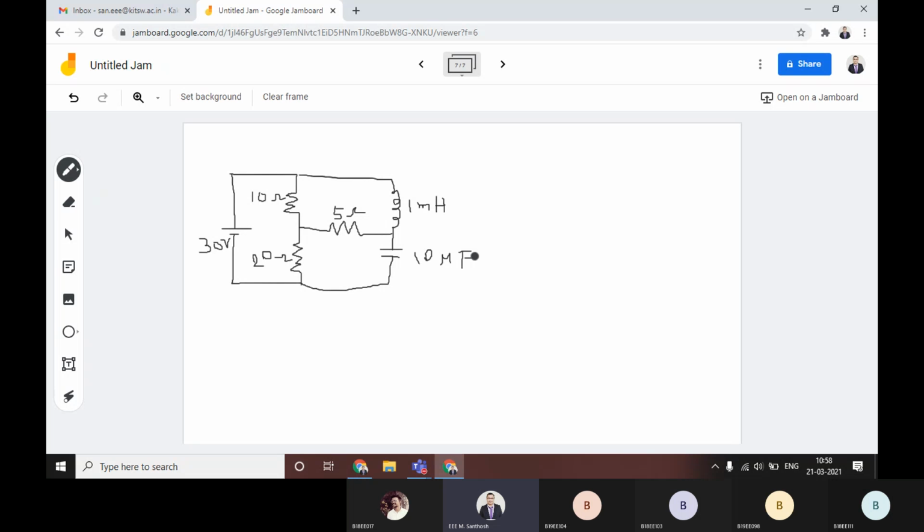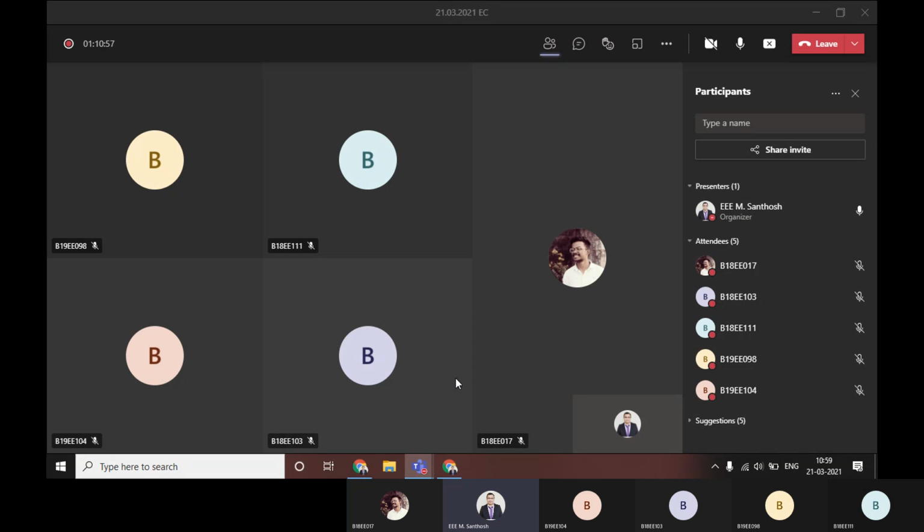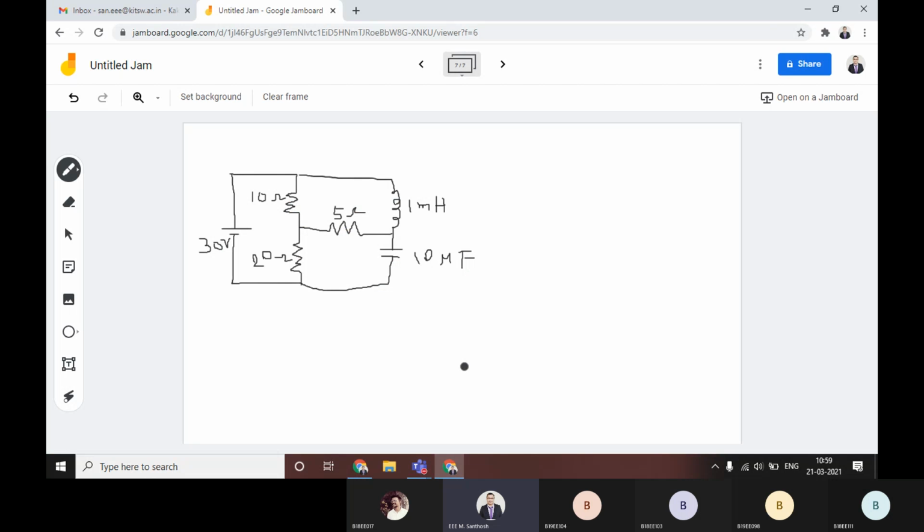This kind of circuit will test your basics perfectly. Try to solve this one. You have to find the energy or power dissipated by the 5 ohm resistor.